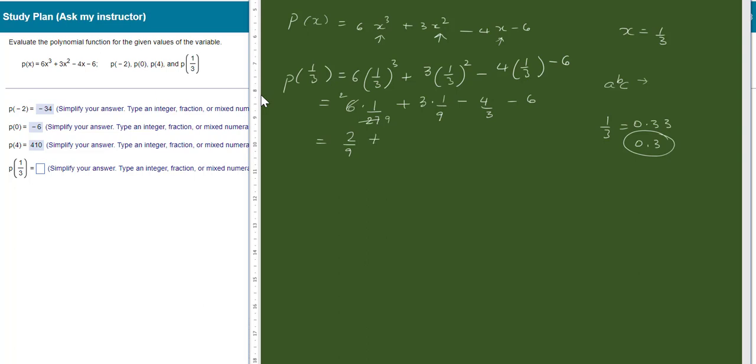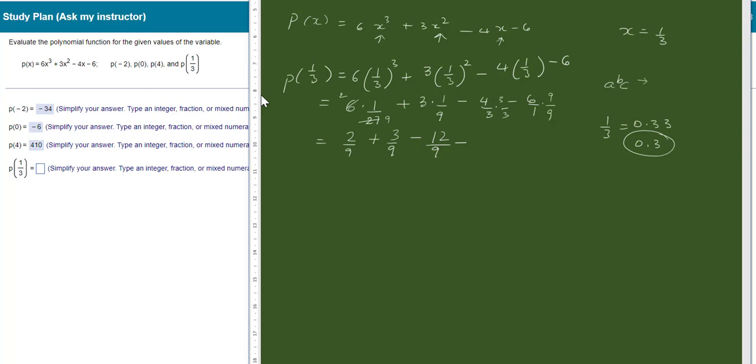I'm not going to cancel this 3 out because we need a common denominator, so I'm going to rewrite this as 3/9 itself. And now, we know the common denominator has to be 9, so in this term we'll multiply and divide by 3, so we get minus 12/9 minus, and for the last term it's 6/1.